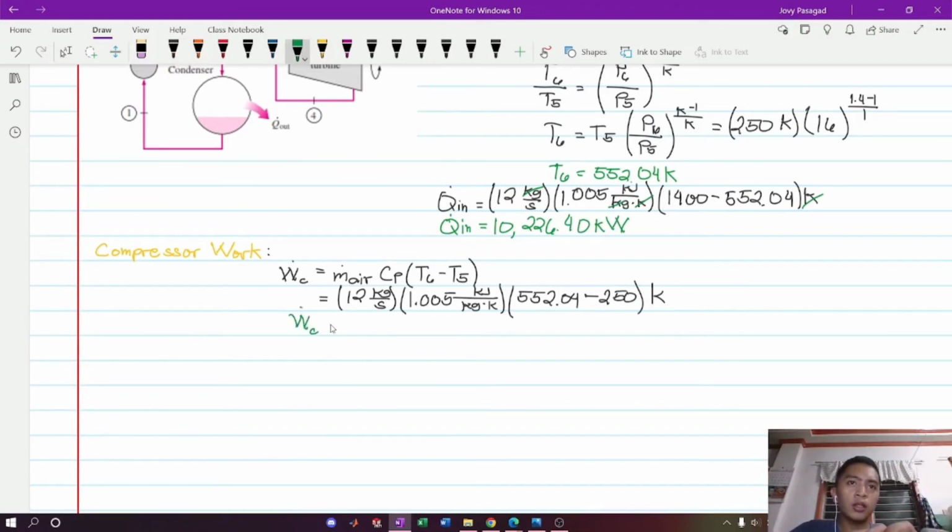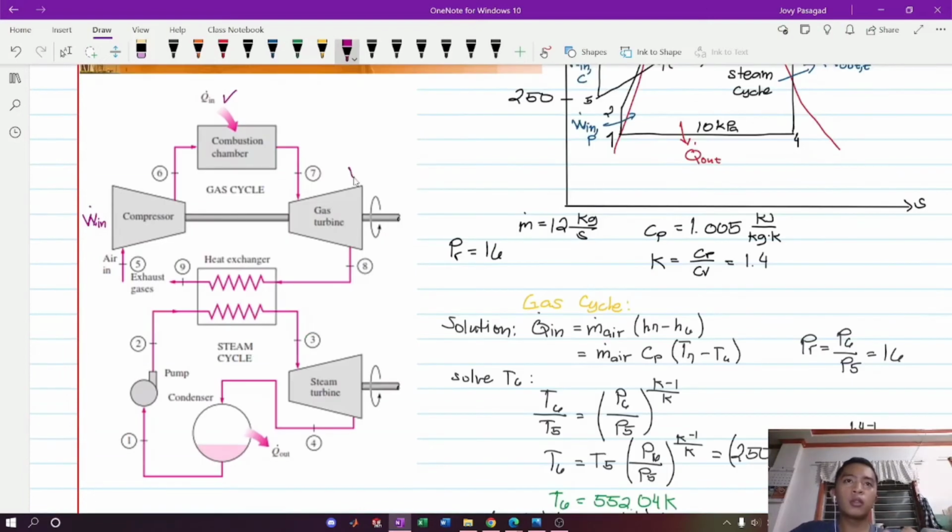Work dot C is equal to 3,642.60 kilowatts.